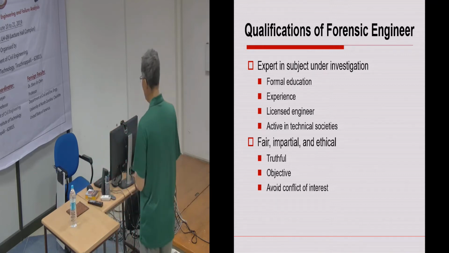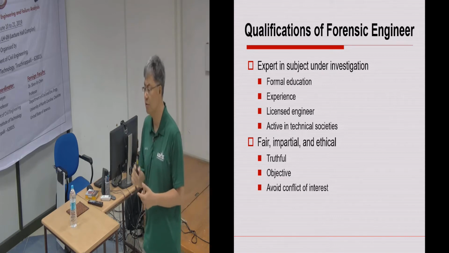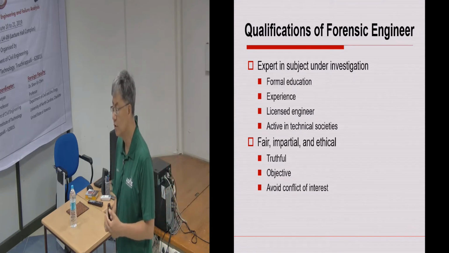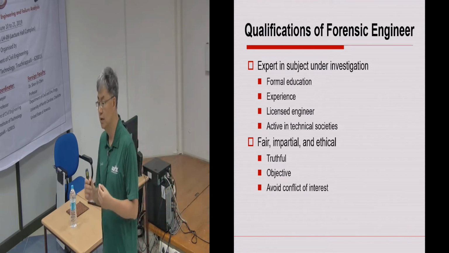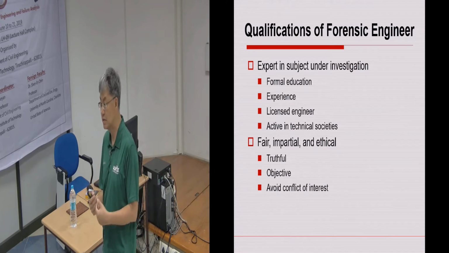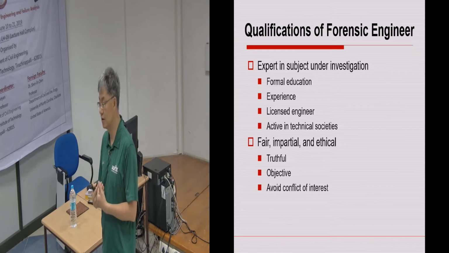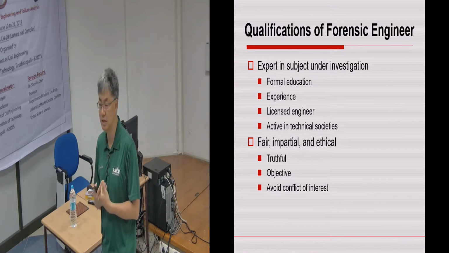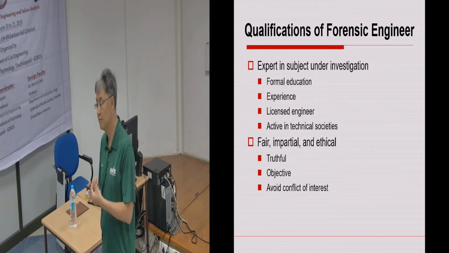And then you have to be fair, ethical, and truthful. Those are really difficult elements in engineering ethics to define, because we have a lot of colleagues that are very easily influenced because they are in it for the money.